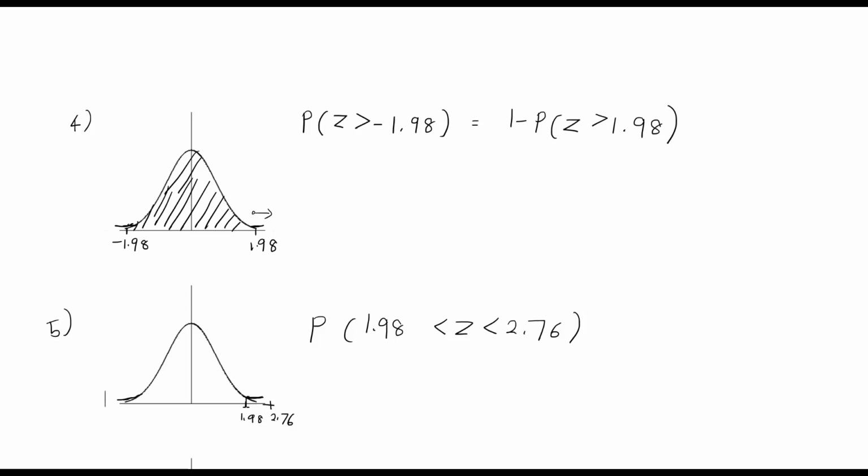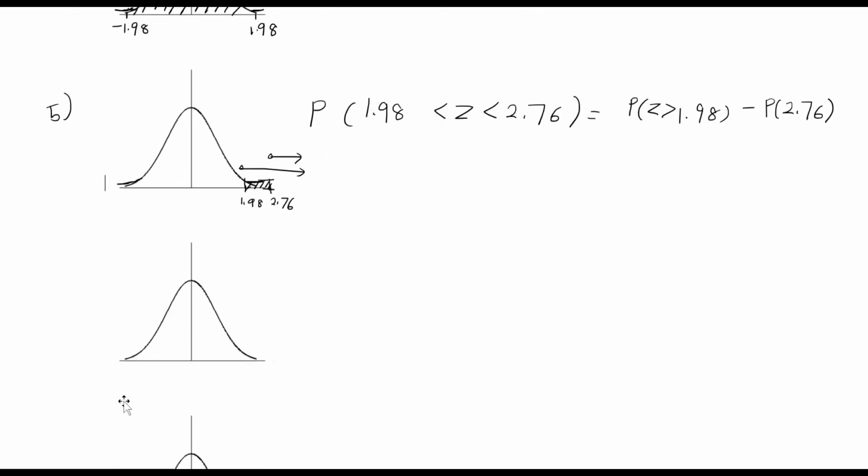We are looking for this area between them, and we can get the probability of this, so it is equal to the probability of z greater than 1.98 minus the probability of z greater than 2.76.